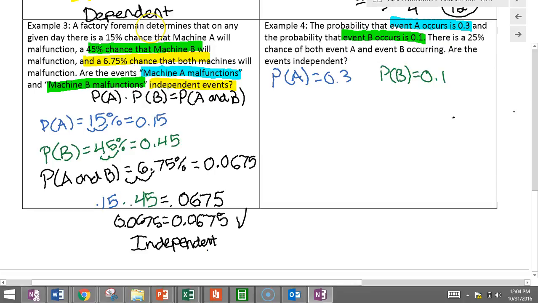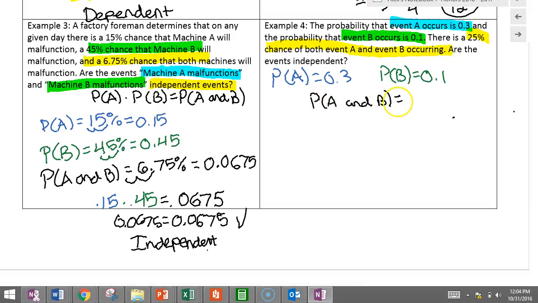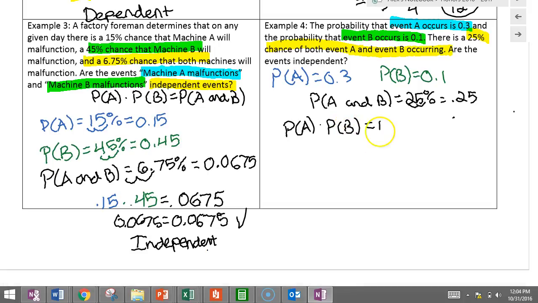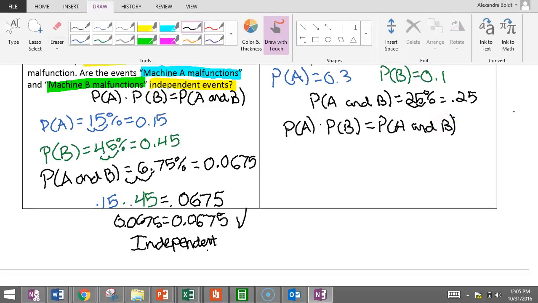And then the probability of A and B, 25% chance to both occur. Right? So, probability of A and B equals 25%. This one I do have to change. That's 0.25. So then I just have to say, okay, the probability of A times the probability of B has to equal the probability of A and B in order for it to be independent.